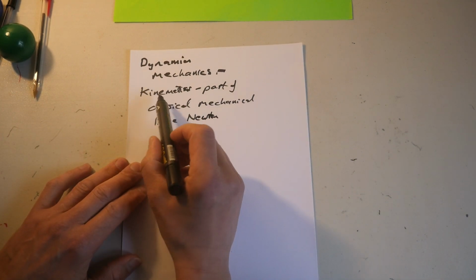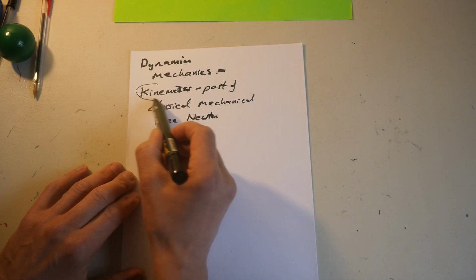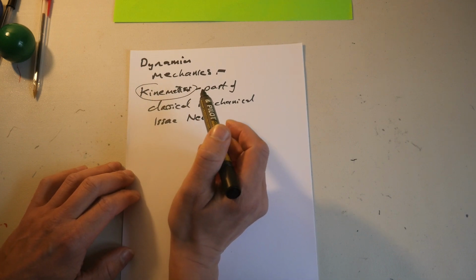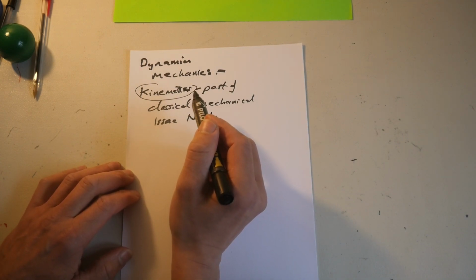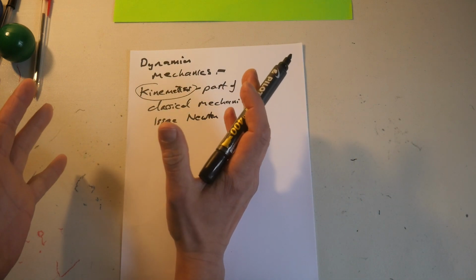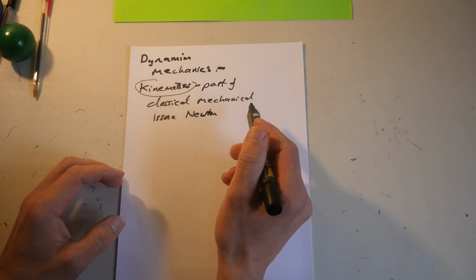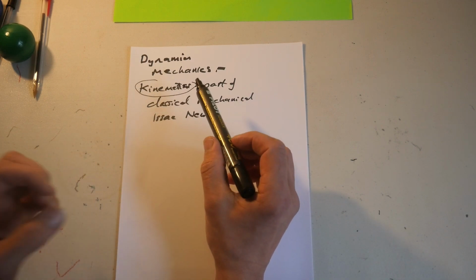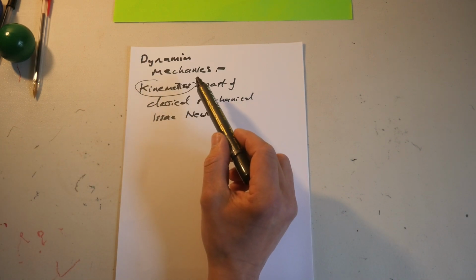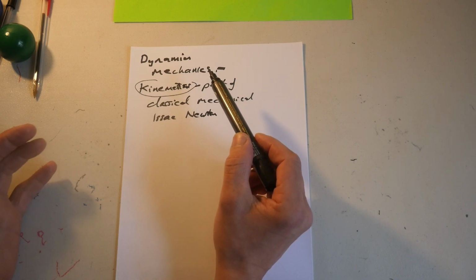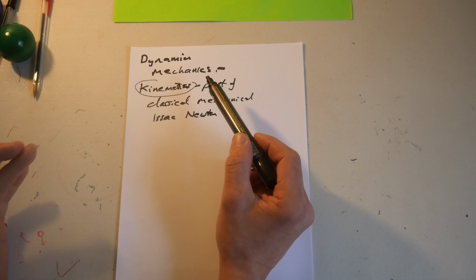So this idea, kinematics, describes the motion of points, bodies, objects, or groups of bodies. When you have a group of bodies, a system of bodies, but not looking at the forces acting on them. Okay, so kinematics might look at the motion of all the planets in the solar system, but it doesn't look at the forces acting on them.